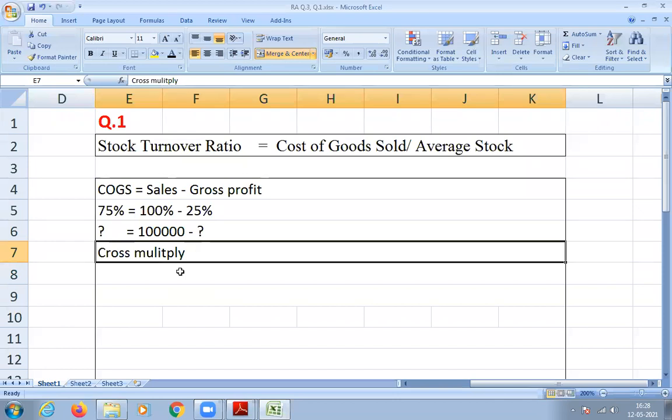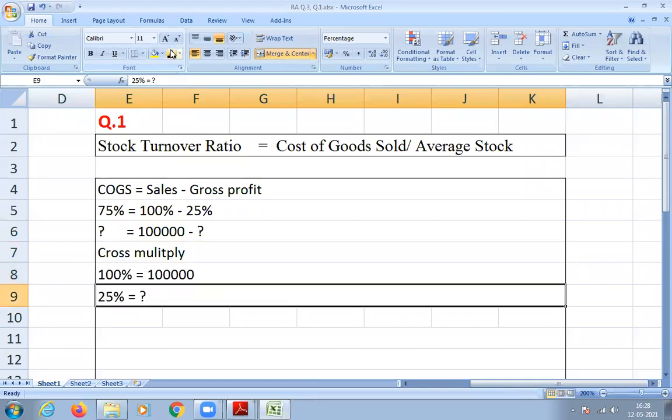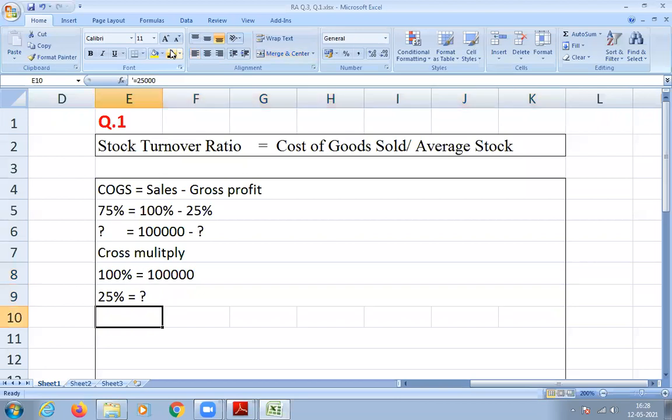There is 1 lakh, you just take the right hand side one. If 100% is 1 lakh, how much is 25%? Okay, so calculate. Cross multiply, 1 lakh into 25 divided by 100.